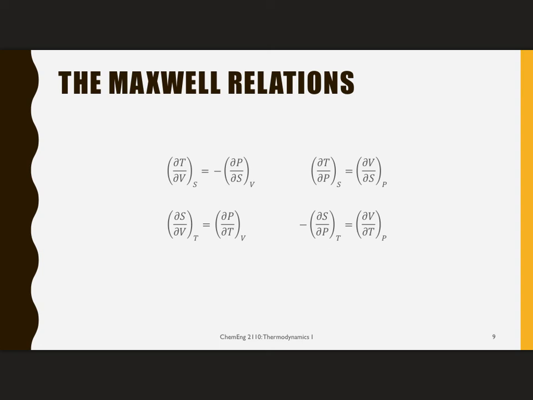Based on U, we get dT/dV at constant S equals negative dP/dS at constant V. And again, this one came from U. From H, we get dT/dP at constant S equals dV/dS at constant P. I can identify that it came from H because it's a function of S and P, and H is a function of S and P. A gives me dS/dV at constant T equals dP/dT at constant V. And Gibbs energy gives me negative dS/dP at constant T equals dV/dT at constant P.